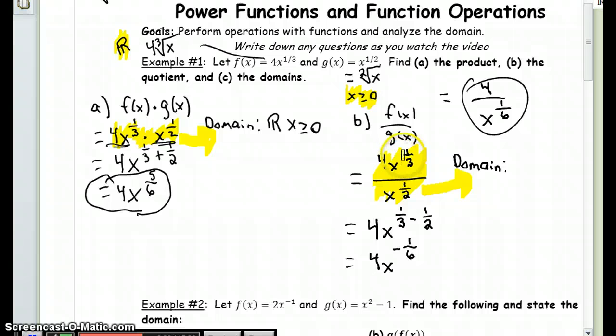I can put everything in there I want from this right here. But in the denominator, I have to go look at this spot. Now, x can't be negative, but not only that, now because it's in the denominator, it can't be 0. And so this is a little more tricky. This goes to all reals, but x has to be greater than 0. And so I can't allow x to be 0. So the difference here is we lost the ability to use 0.